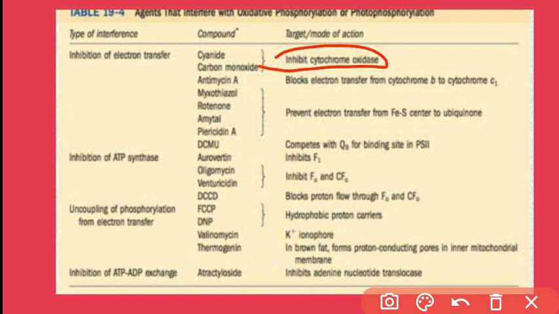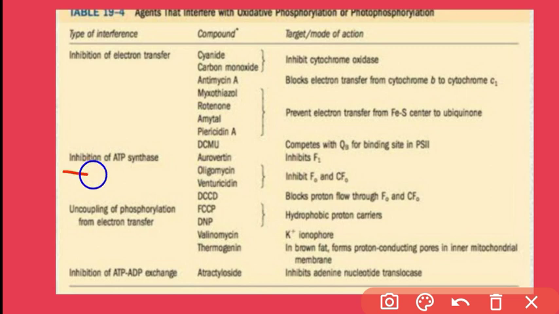Then antimycin A, myxothiazol, rotenone, amytal, piericidin A prevent the transfer of electrons from FeS carrier to ubiquinone. Dichlorophenyl dimethylurea, or DCMU, competes with coenzymes for the binding site in photosystem second, so it inhibits photosynthesis.